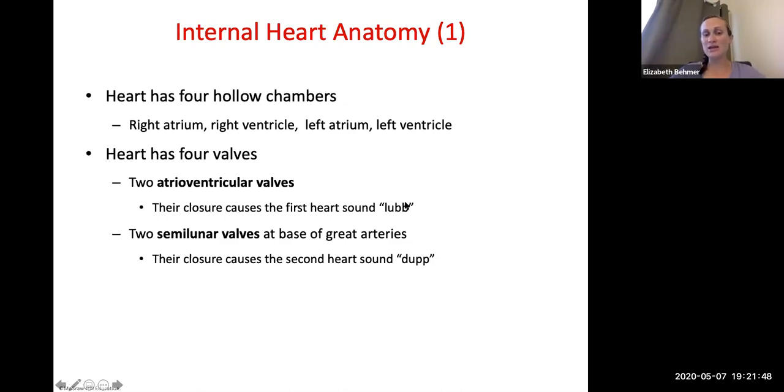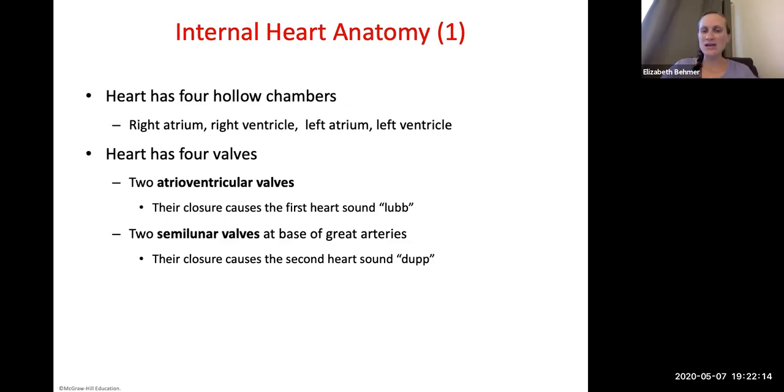So if any of these four valves are not closed all the way, they will listen for a murmur, which could be a whooshing sound as blood is rushing back into a chamber. It shouldn't be if a valve isn't closed all the way. They could also be listening for an extra heart sound, which could mean the valve is flapping shut. So not all the way, it kind of makes a double sound.